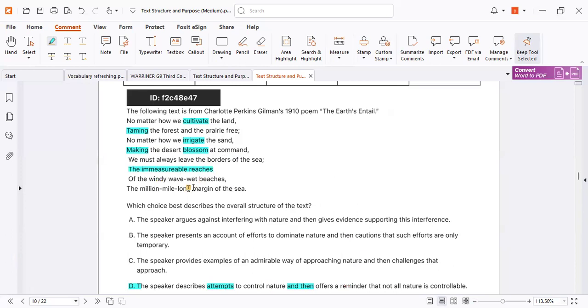You cannot control this part. Found it. We cannot tame the sea or the beaches or the wind or waves. So that means here letter D is correct. That's fine.